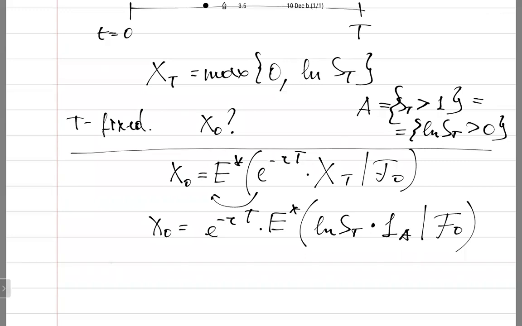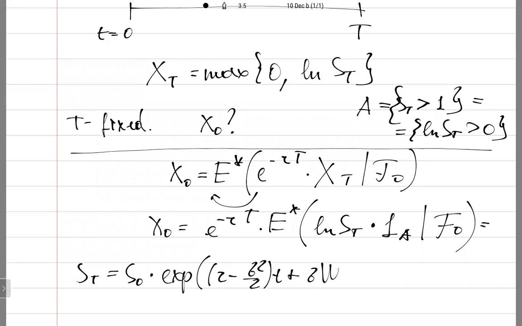What is ln ST? My main idea is that I have two expressions for ST, but I will use the one with the starred version of the Wiener process. So it will be (r minus sigma squared over 2)t plus sigma times WT star.